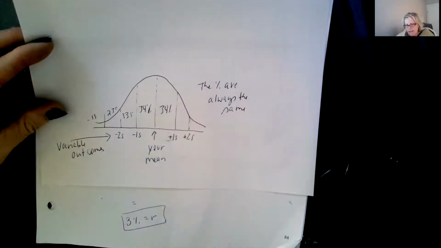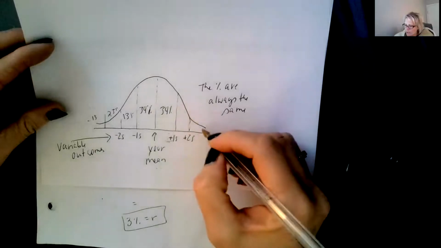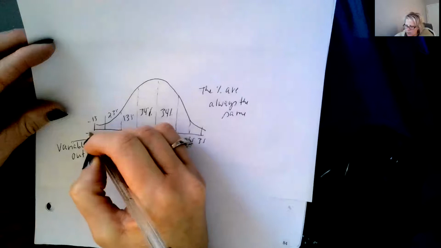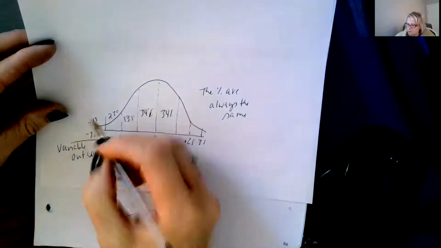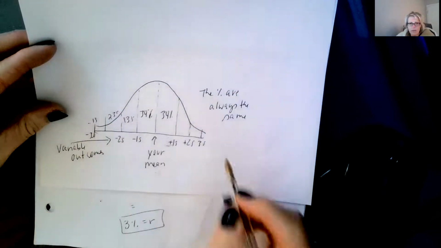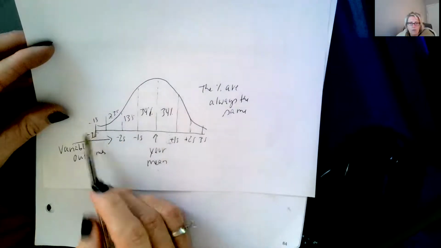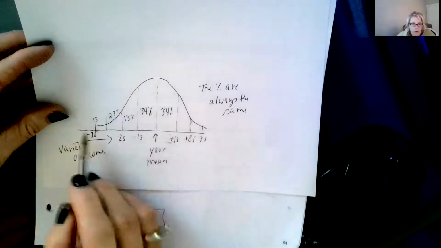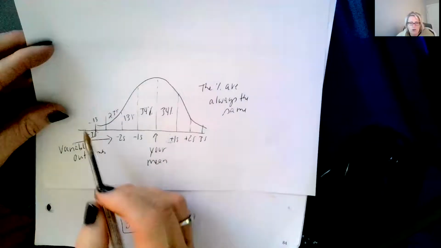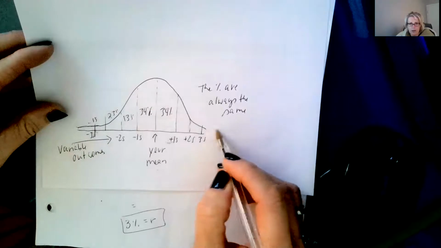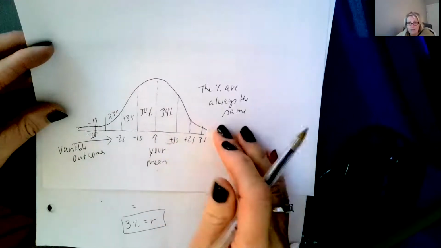So the question was asked, if we continued going further, say 3 standard deviations below and above the mean, eventually, if we keep going, we'll get below 0 on our outcomes, and it'll look like we're going to go negative on the percentages and go bigger than 100% on the percentages. We can never go that.